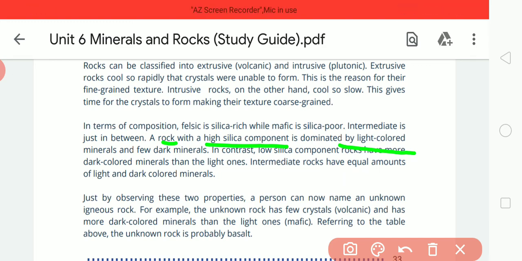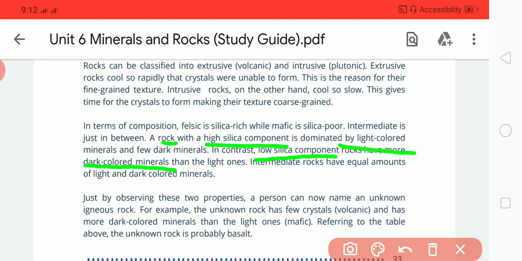In contrast, low silica rocks have more dark-colored minerals than light ones. Intermediate rocks have equal amounts of light and dark-colored minerals. So just by observing these two properties, a person can name an unknown igneous rock.